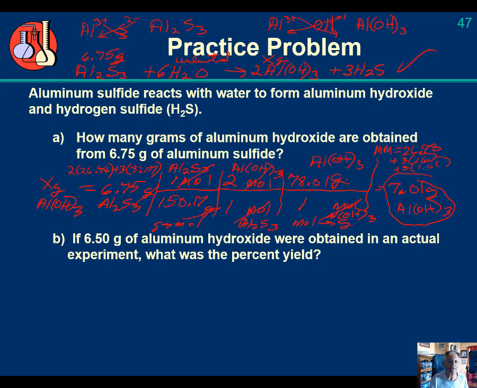All right, now here's the deal. When these two reactants begin to react, as that reaction proceeds, I start running out of the aluminum sulfide. As I run out of the aluminum sulfide, it gradually gets to be a slower and slower reaction. It's based on something we call collision theory. And eventually, I reach a point where the reaction becomes balanced in a condition we know of as equilibrium.